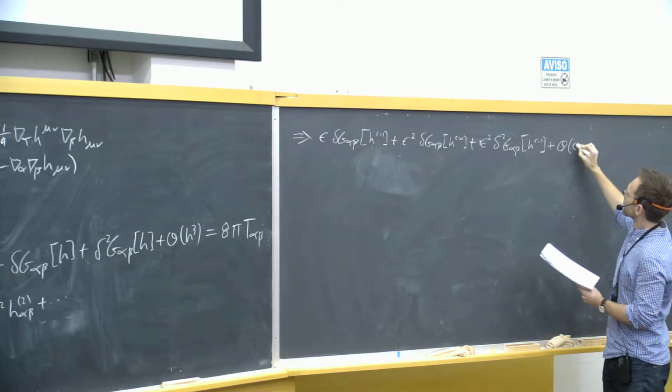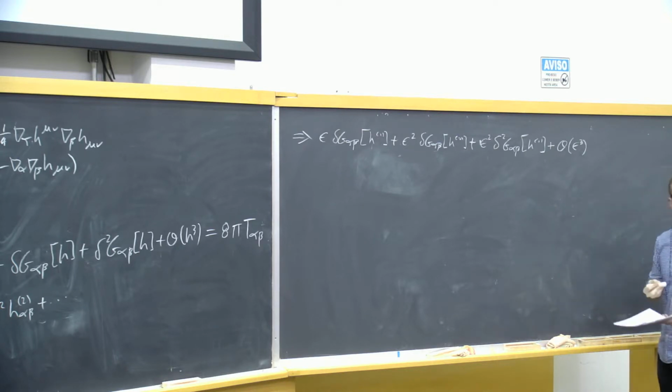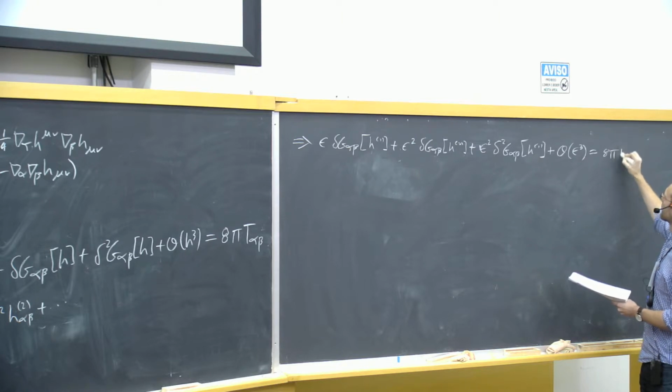And now, in place of h cubed, I write epsilon cubed. And this is equal to 8 pi T alpha beta.